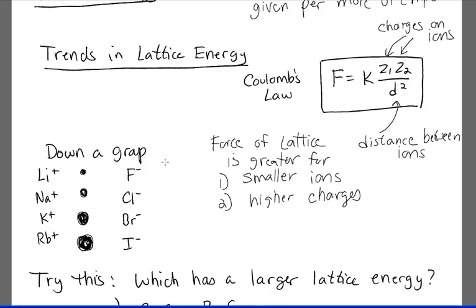And in the halogens, which are all 1 minus, the size also gets larger, although it starts larger. So they still get larger going down a group. Iodine would be huge.